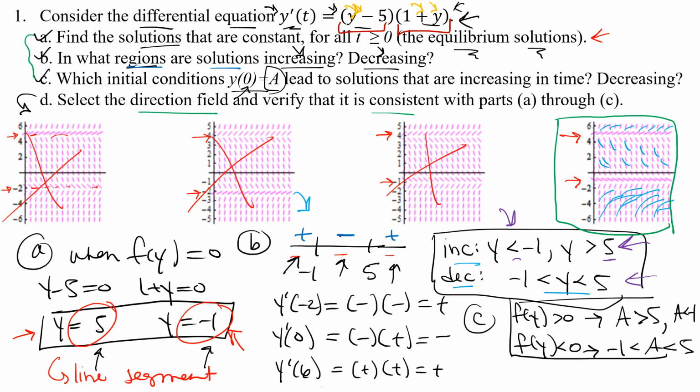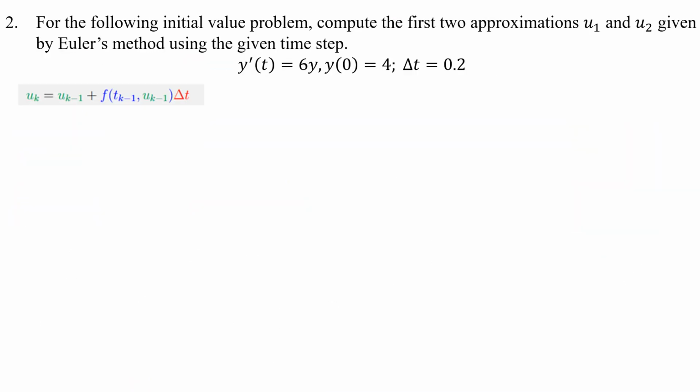All right, so for this example, we are going to be applying Euler's method, and that's going to be this little concept that we have here. It says for the following initial value problem, we call this an initial value problem because you can see here we have the initial conditions. We want to compute the first two approximations, U1 and U2, given by our Euler's method here.